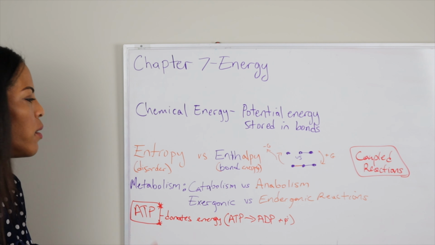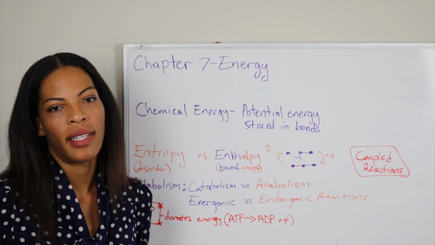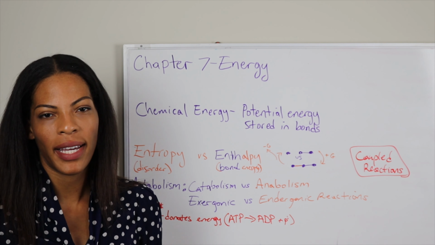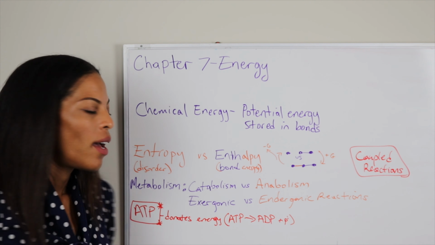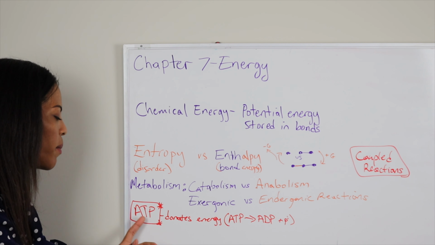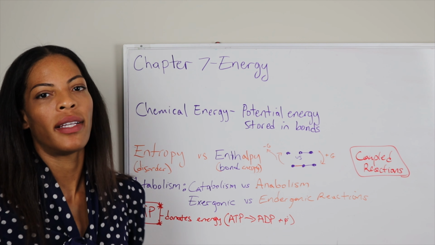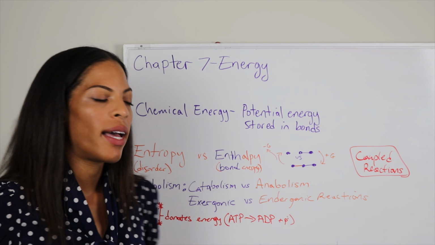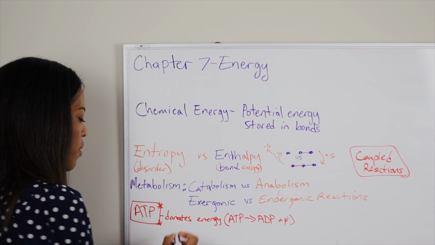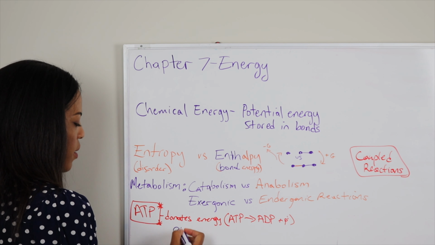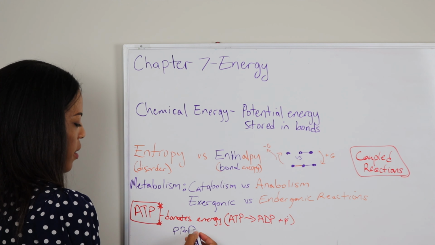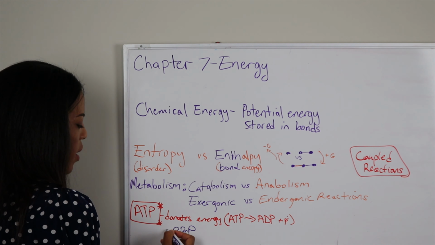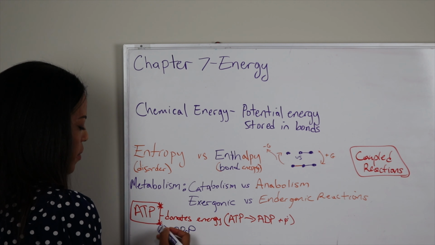Another important molecule for you to know or understand is adenosine triphosphate, or ATP. And ATP is an important energy molecule because this molecule has 3 phosphates attached to each other, okay, to adenosine.